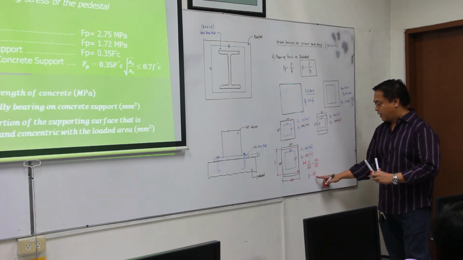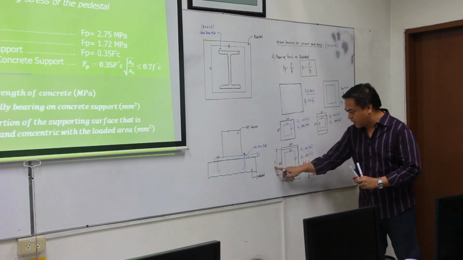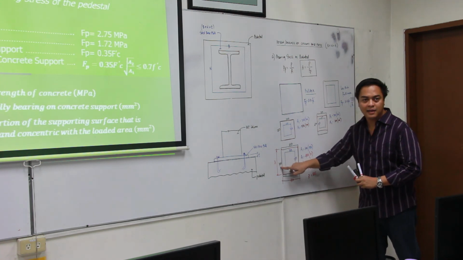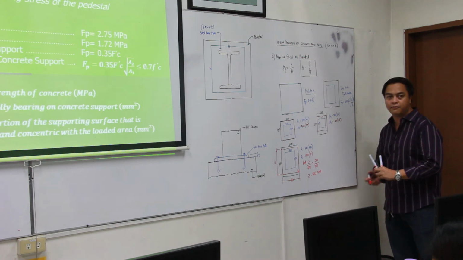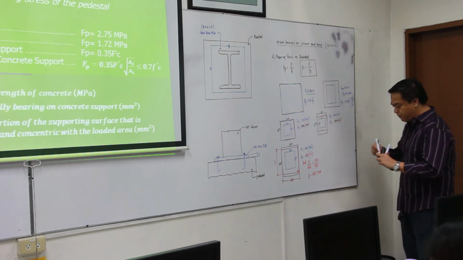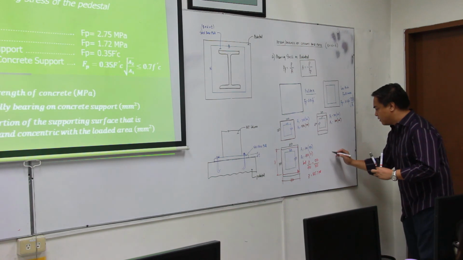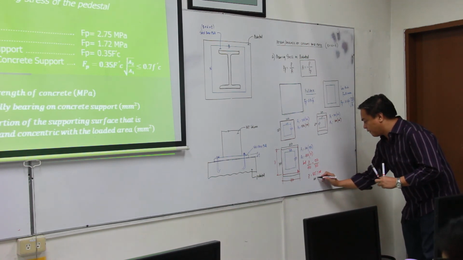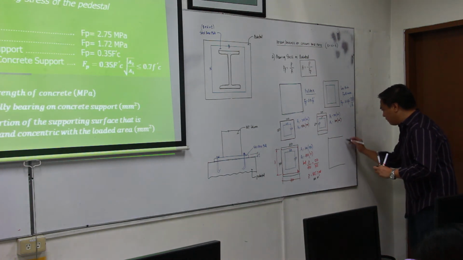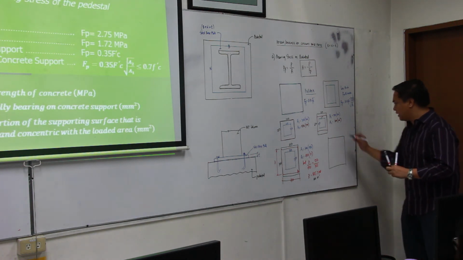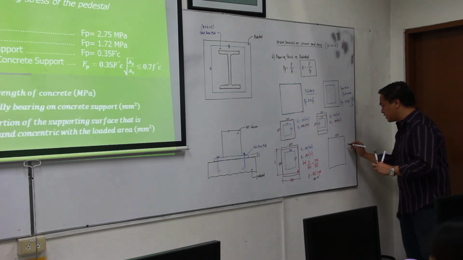So, it's not enough. 825, this is the Z, compared to the 700, that is greater than 700. So it cannot be that value. So we have to revise our figure. So this is not okay. So we have to revise it. Say 450, then this is 700.